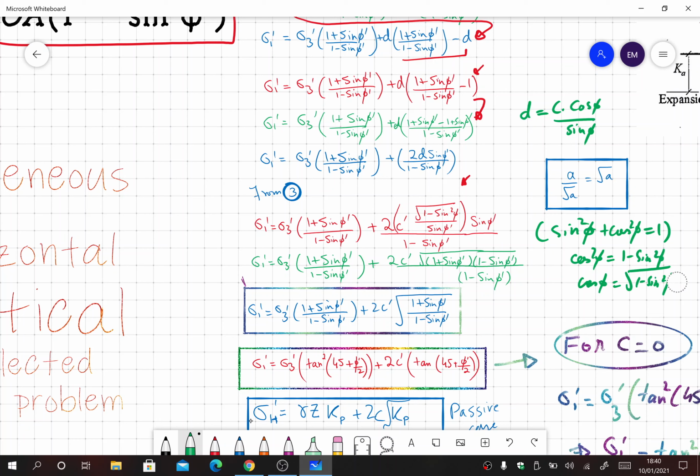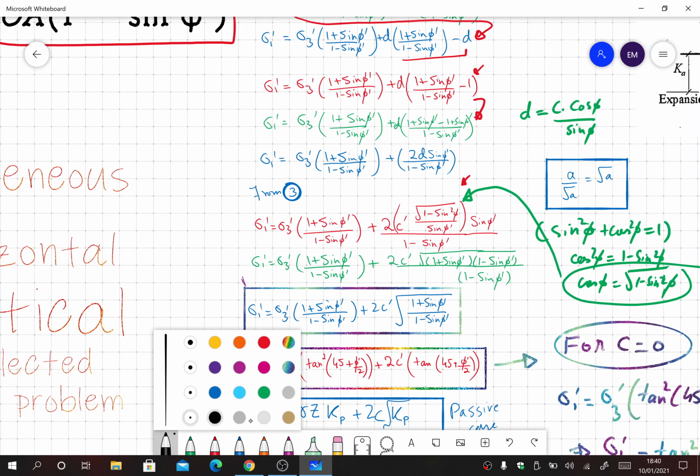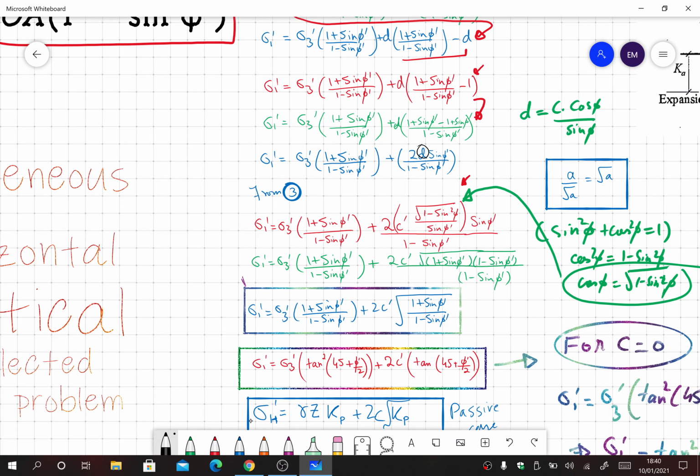So that value has been plugged here. That's why in place of this d, we have this whole expression: c dash, that's effective cohesion, into under root of 1 minus sine square phi, which came from here, over sine phi.